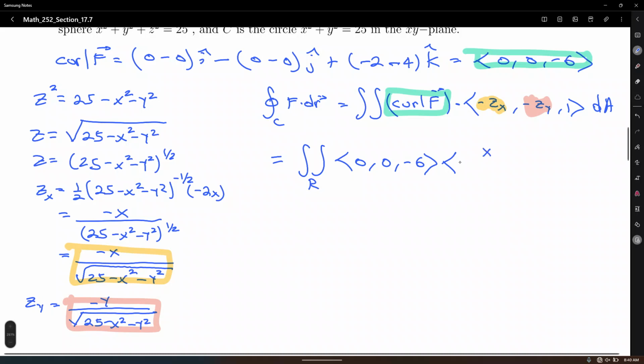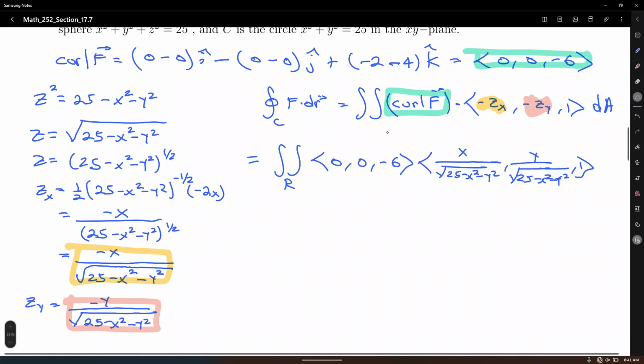That is x over the square root of 25 minus x squared minus y squared, comma, y over the square root of 25 minus x squared minus y squared, comma 1, dA.